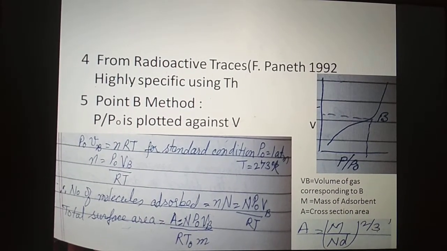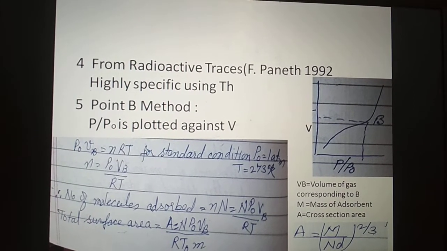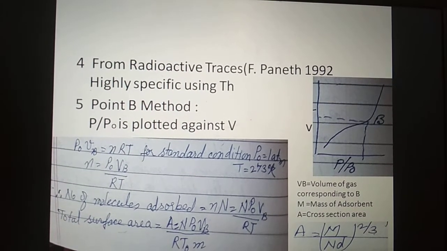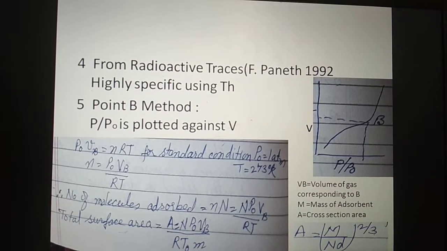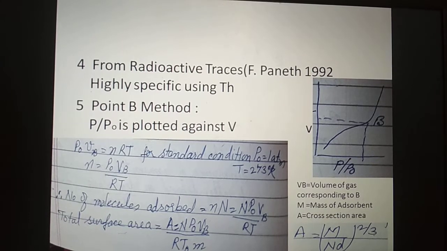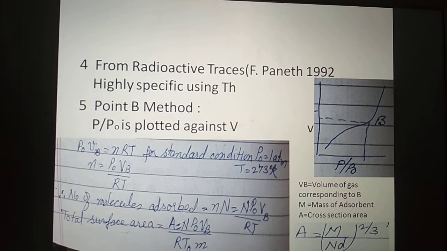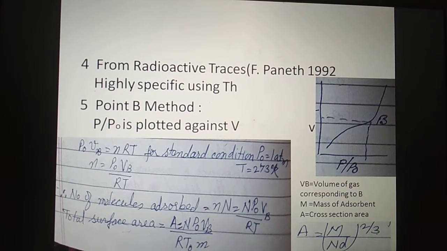Total surface area can be calculated by the formula A is equal to N P0 Vp upon RT0 M, where N is the mass of adsorbent, A is the cross-section area of adsorbed molecule.